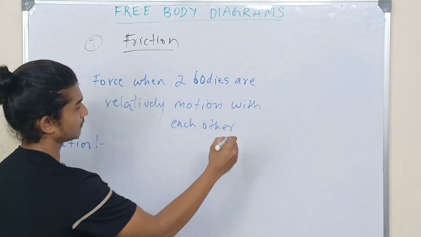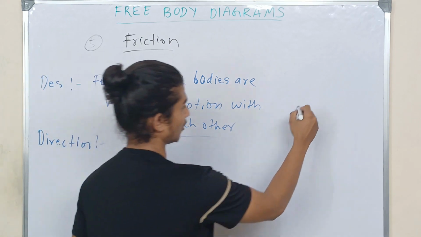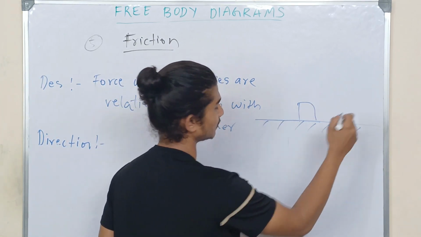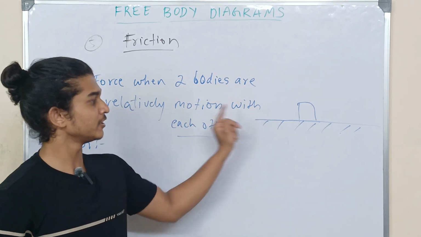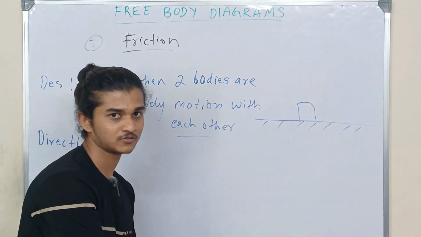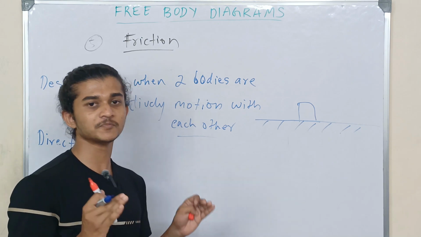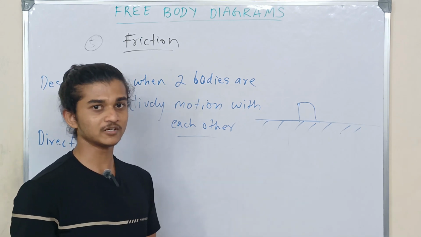Suppose you have a block, and you make it slide across a normal table. It goes some distance and stops. Now what is making it stop? What force is there on the table which is making it stop? It is nothing but friction.